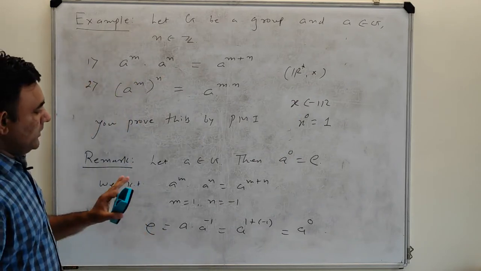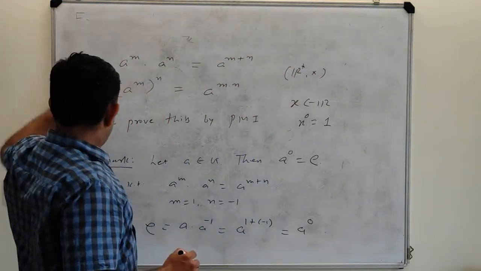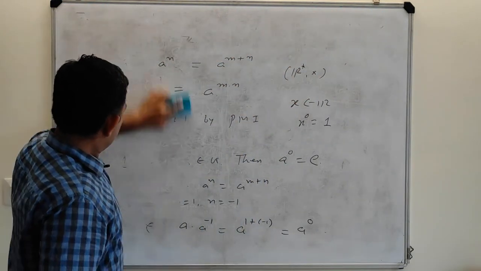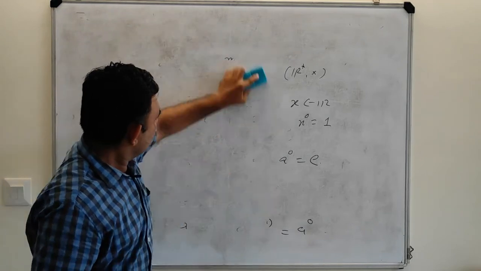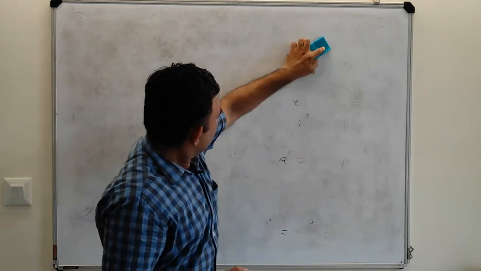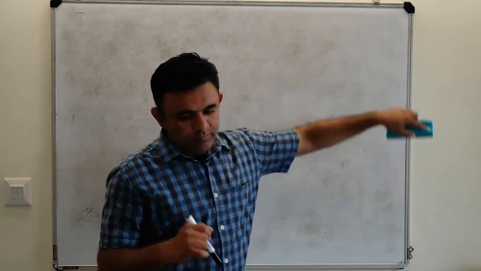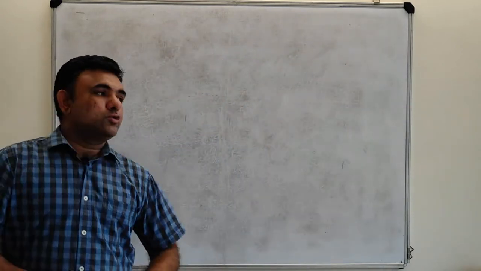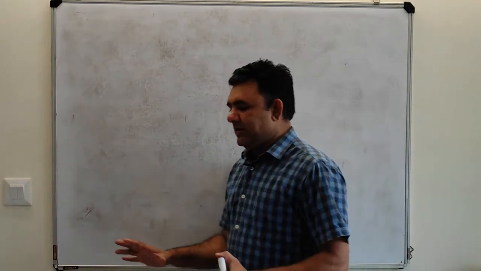So any element raised to 0 is identity. So in a group we have some notations and some results.